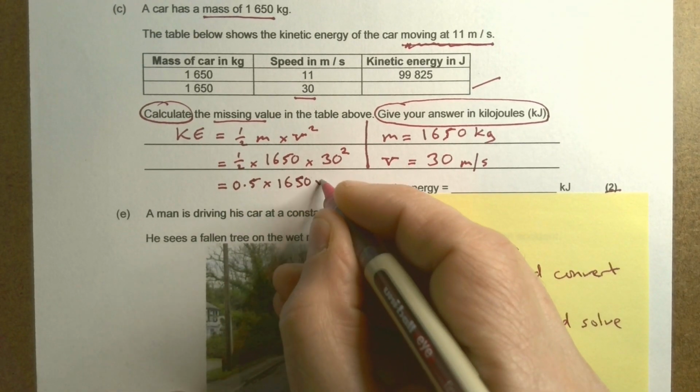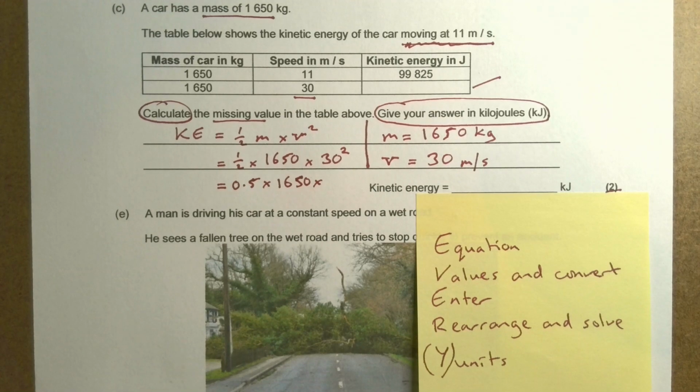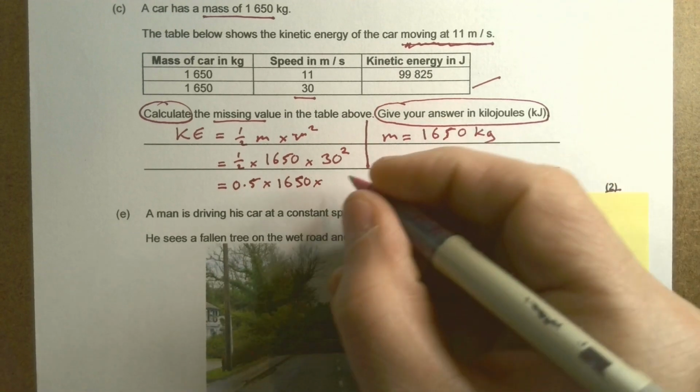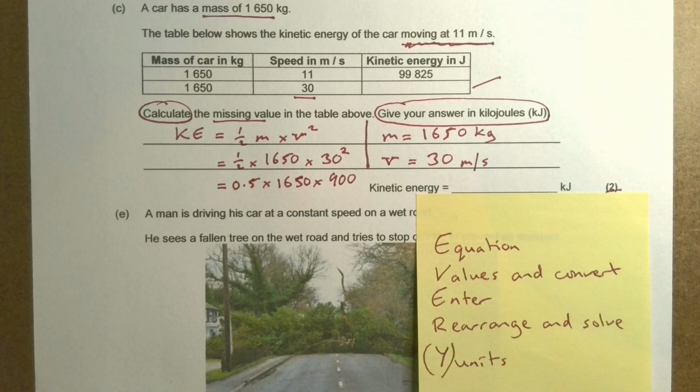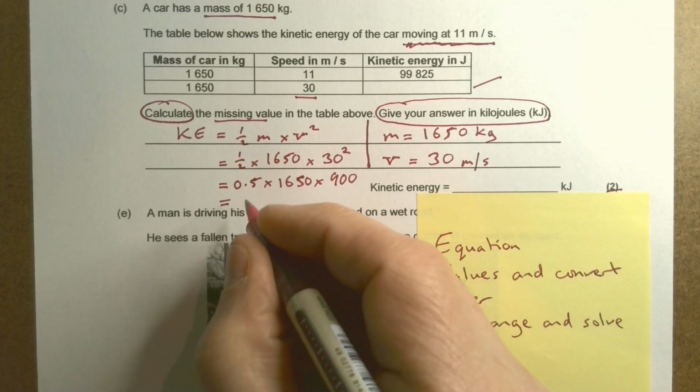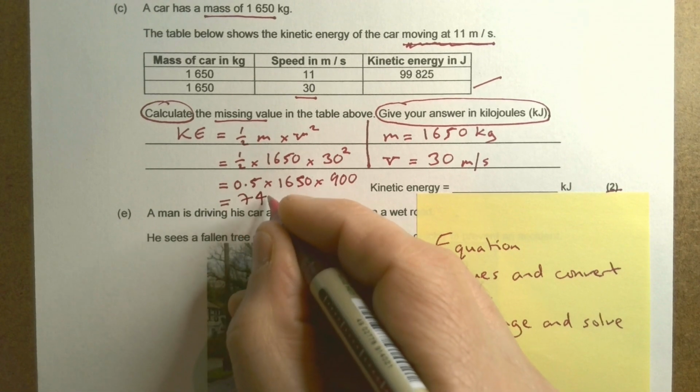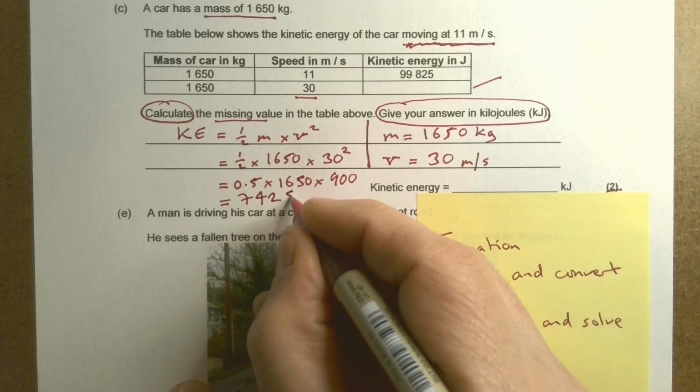Then I'm going to put this through the calculator: 0.5 times 1,650 times 900 equals 742,500.